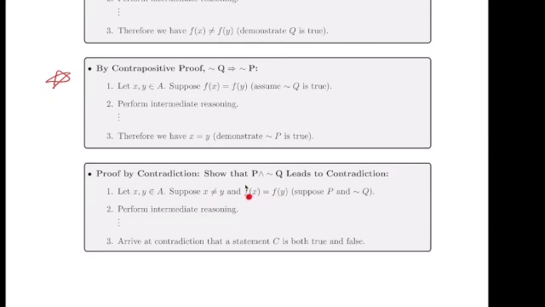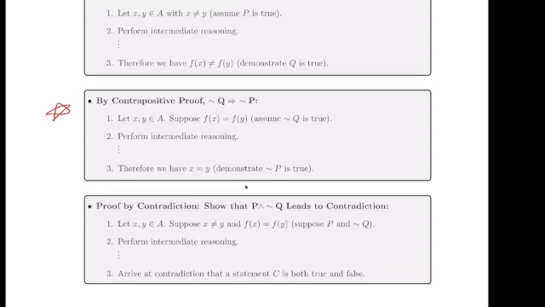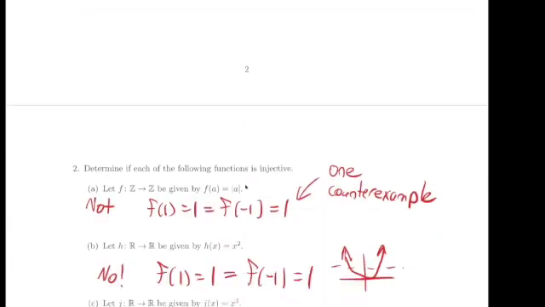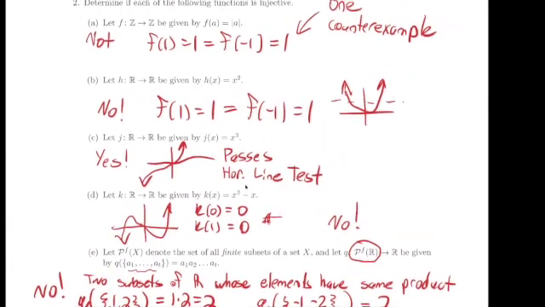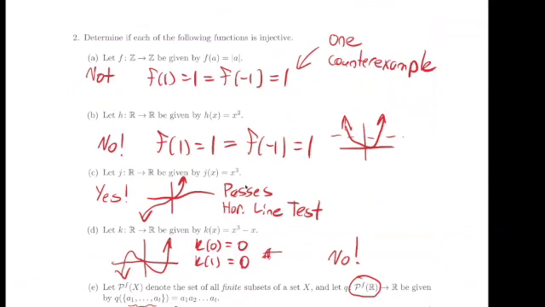And then from this assumption, you need to show that this leads to some contradiction. So we can use any one of these proof techniques to prove injectiveness. So let me revisit C and see what this would look like. Let's erase this horizontal line test since that's a little bit more informal and try to prove this formally.